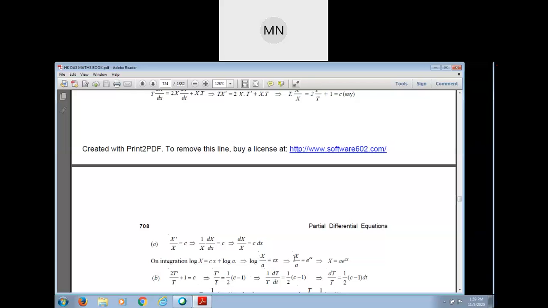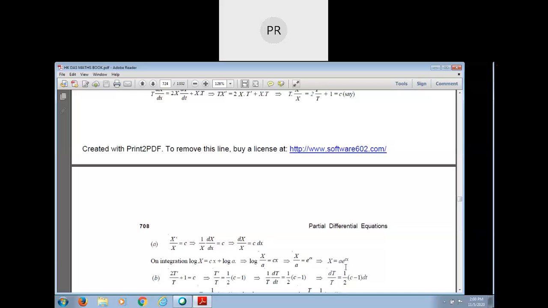Then after that, if we remove log from this one, we get X by a equals e to the power ct. Is it clear? Ultimately, we get X equals a into e to the power ct. Is there any doubt?